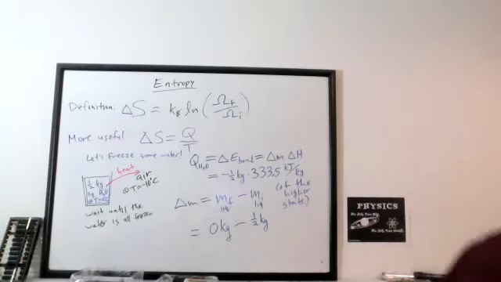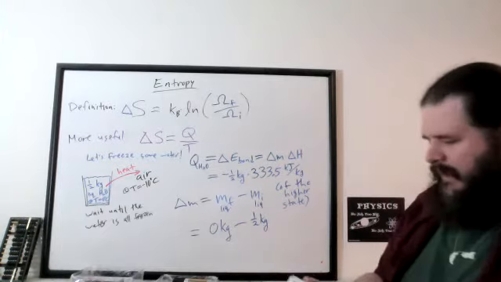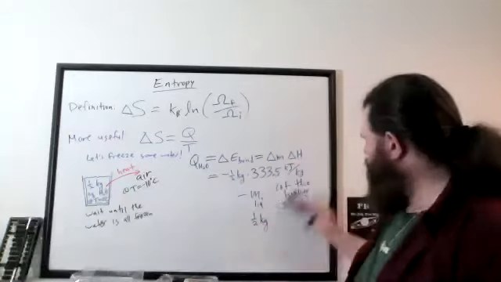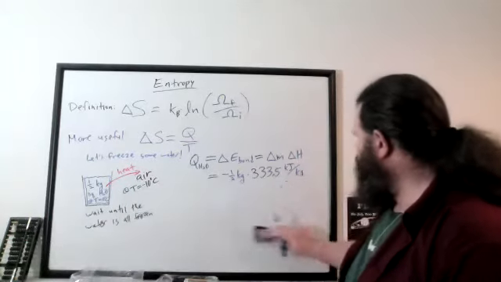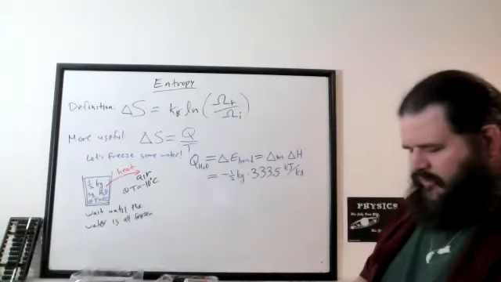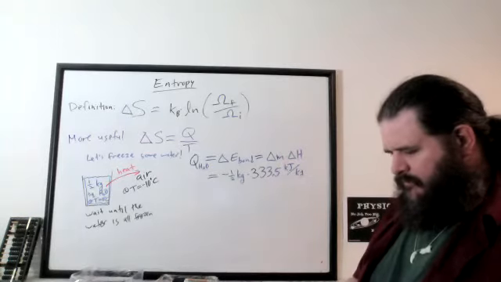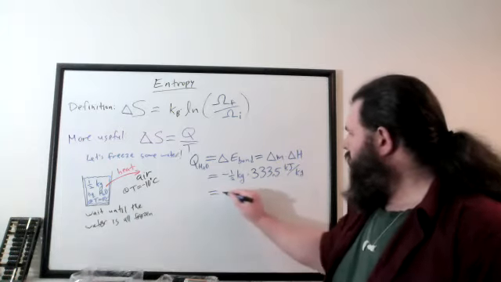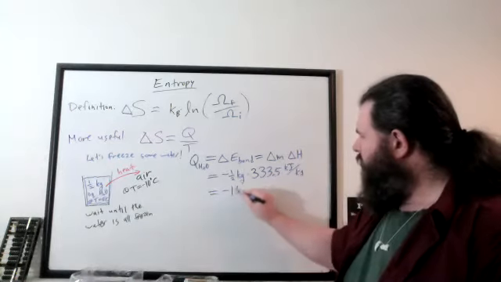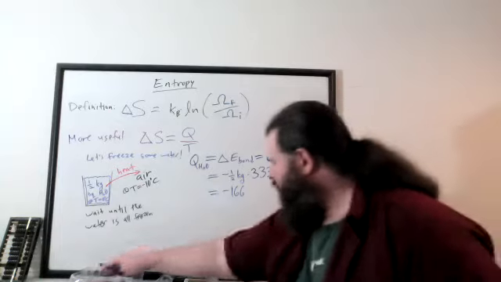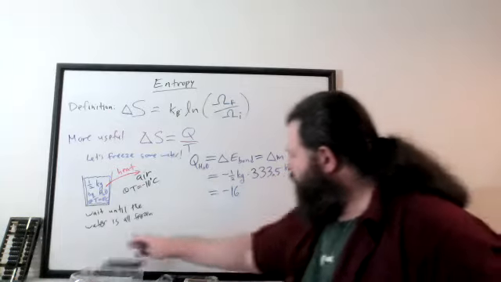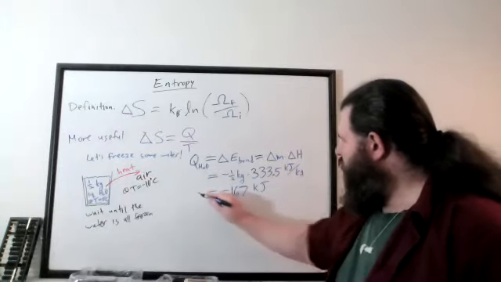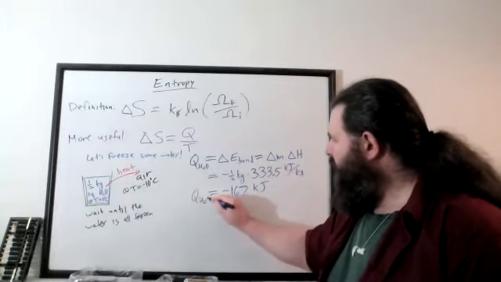Multiply that out, and that'll tell us the amount of heat necessary. So half of 333.5, negative 166.5, I'm just going to round that off to negative 167. And that'll be kilojoules as the amount of heat leaving the water.